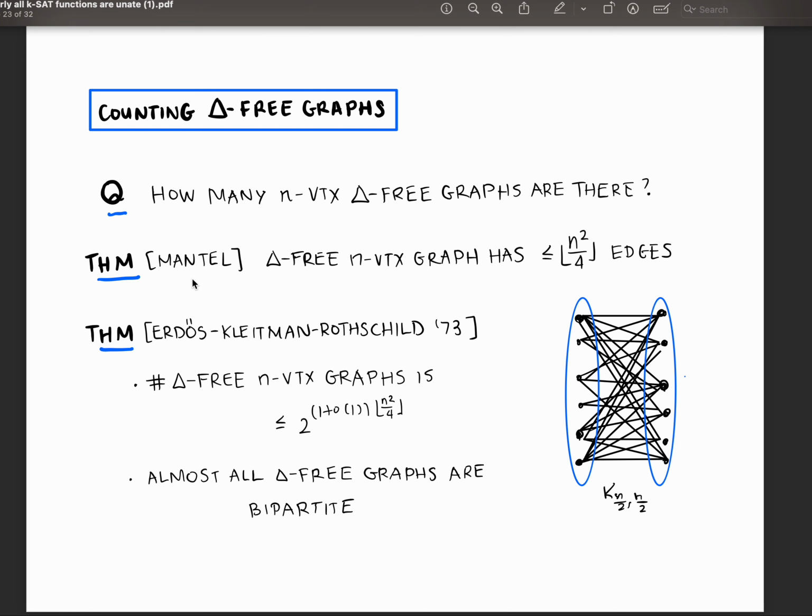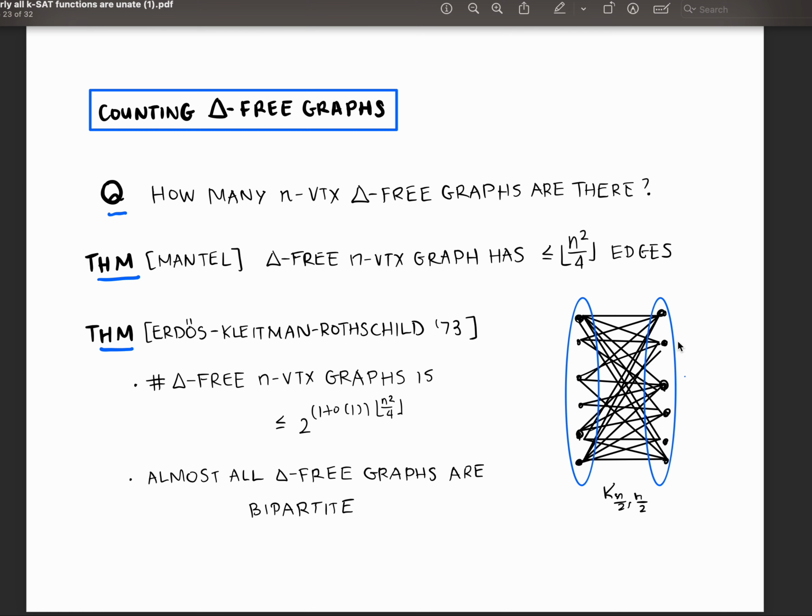And what we've learned is that for a lot of structures, the answer to this extremal question, how big can a triangle-free graph be, and the counting question, how many triangle-free graphs are there, are very intimately intertwined. So Mantel proved that a triangle-free graph has at most n squared over 4 edges. And in fact, this is achieved by the complete bipartite graph you can see on this slide.